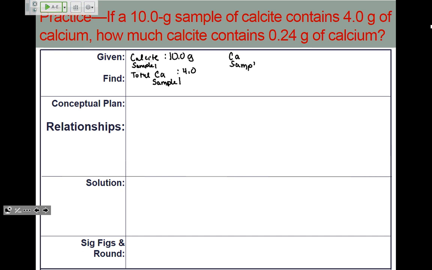Now we know in sample 2, we have 0.24 grams, so we want to know how much calcite that'll be.